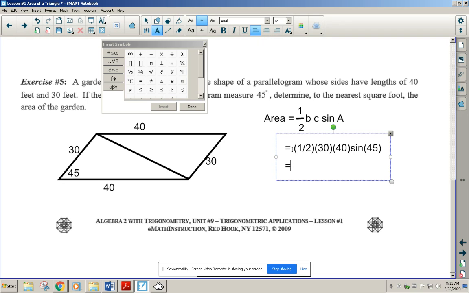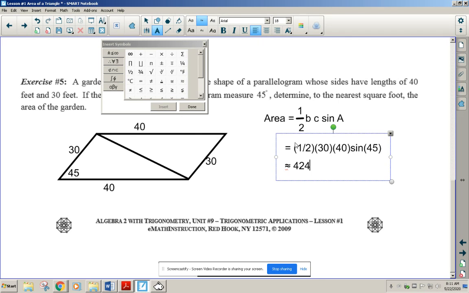And they say the nearest square foot, so they're telling us we're going to be rounding. So if I use my calculator and type in 1/2 times 30 times 40 times the sine of 45, I get 424.26, so I would round that to 424 square feet.